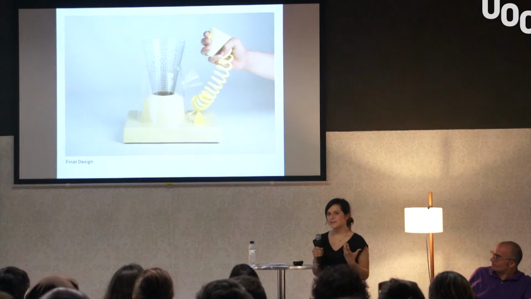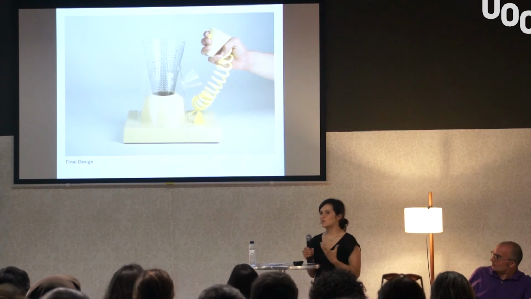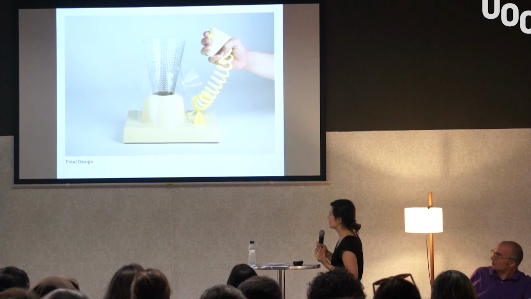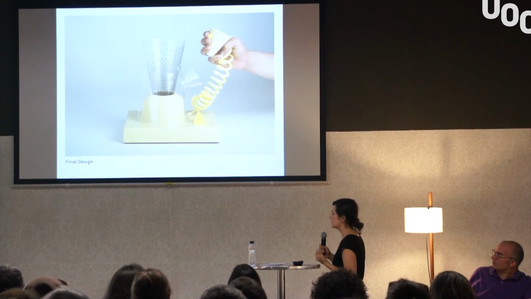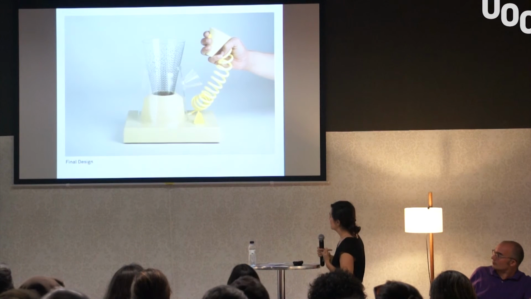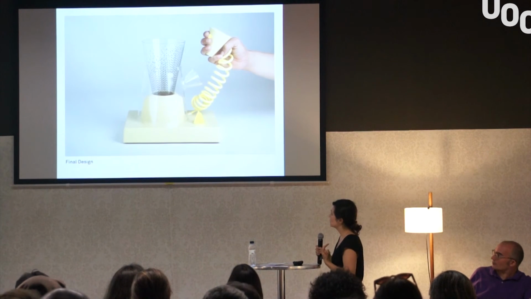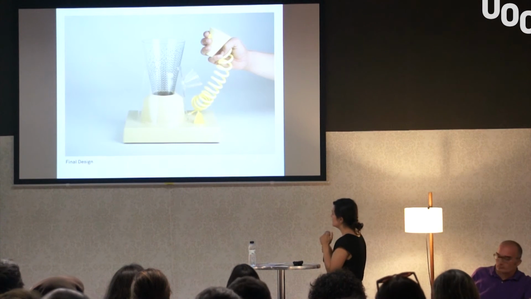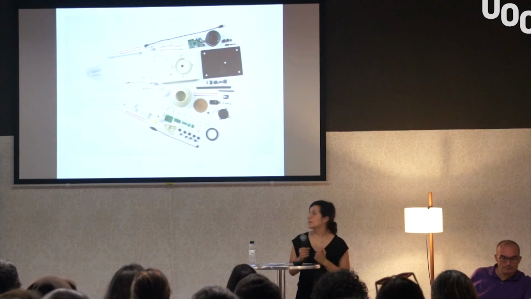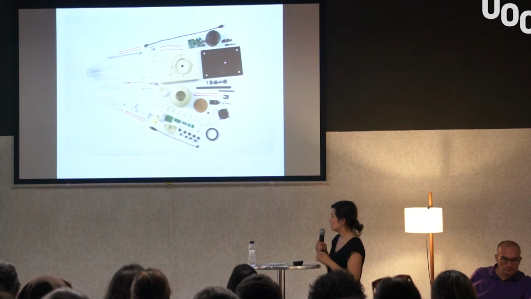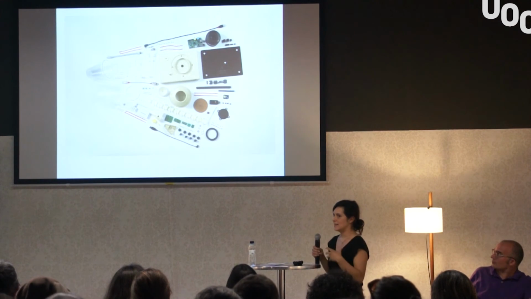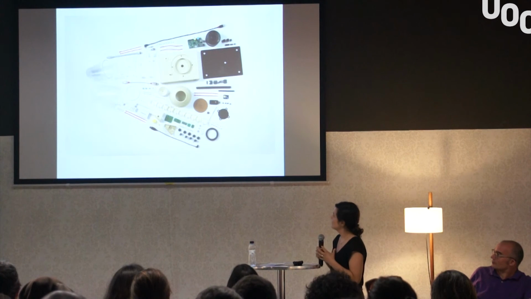All these dimensions come together into the final object. Here is the final design, and it consists of a glass megaphone that was blown by a local workshop. The base is plastic injection molded. Here we can see an exploded view of the Babble just to show the complexity of all the components that come together in the device.